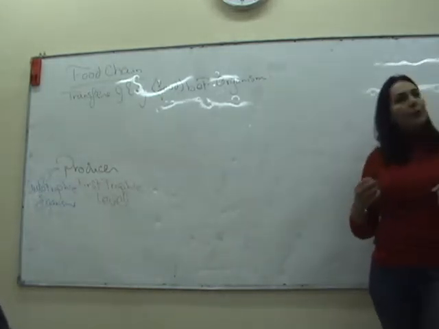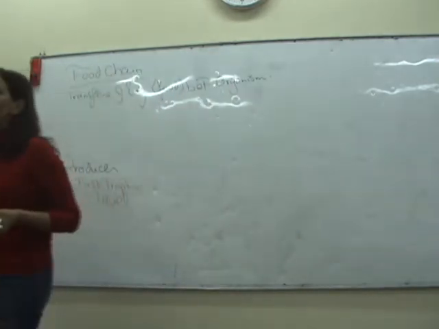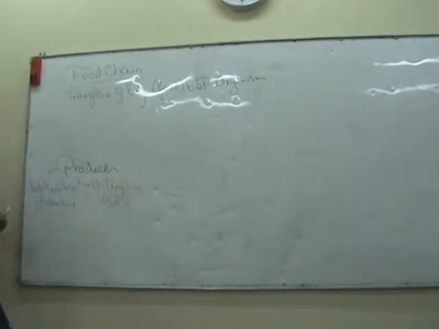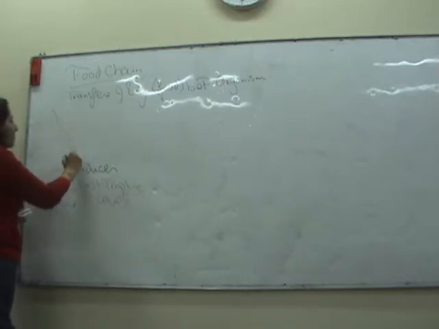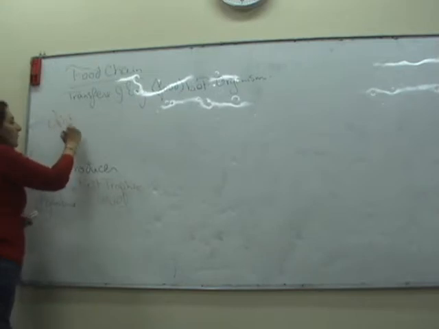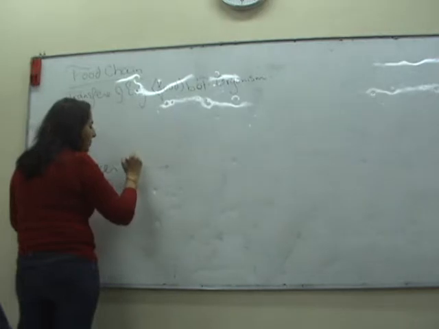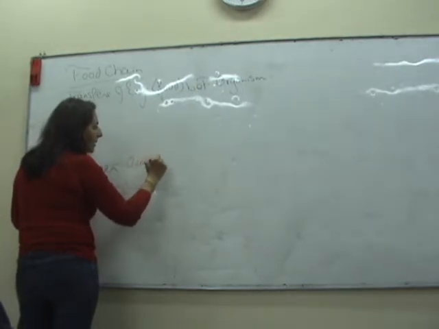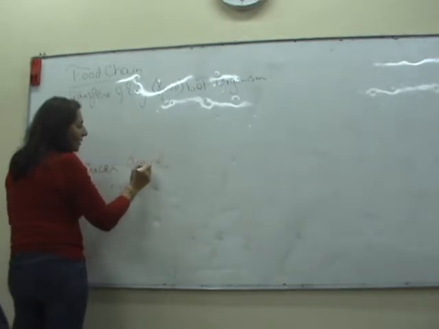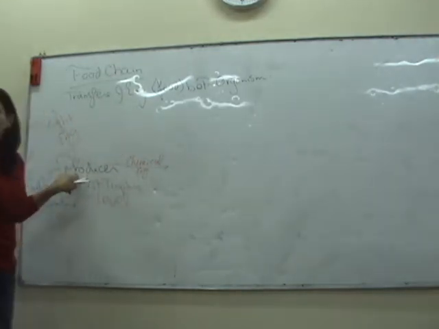So a producer is an autotrophic organism that can make its own organic substances. The producer can absorb light energy and convert it into chemical energy, which is the organic substances.